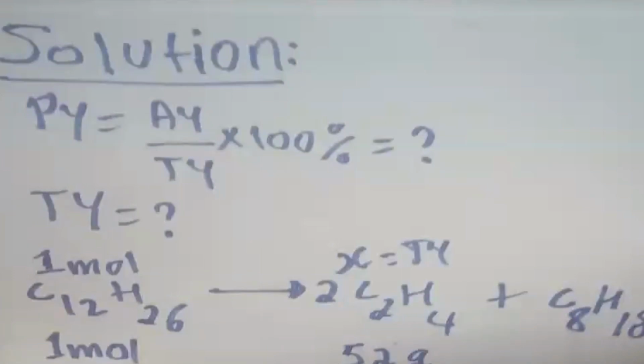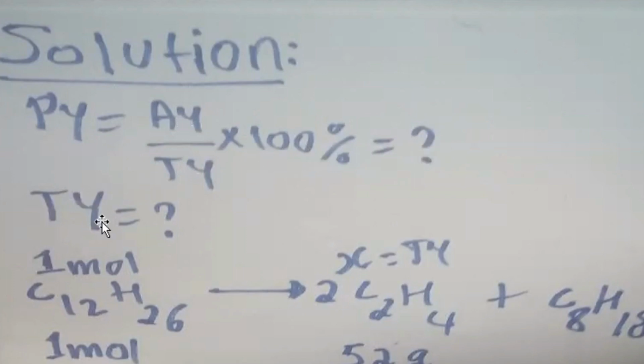Usually the actual yield is given, or it is required. Actual yield is the measured amount of the product, but theoretical yield is the expected, calculated amount of the product. Percentage yield equals actual yield divided by theoretical yield multiplied by 100%.